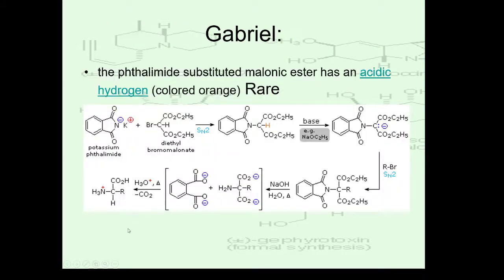Here is the reaction. Again, I'm not going to ask you for the mechanism of this reaction, but you should know that you need potassium phthalimide to start a Gabriel synthesis.